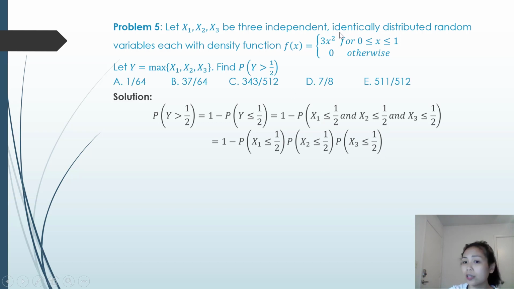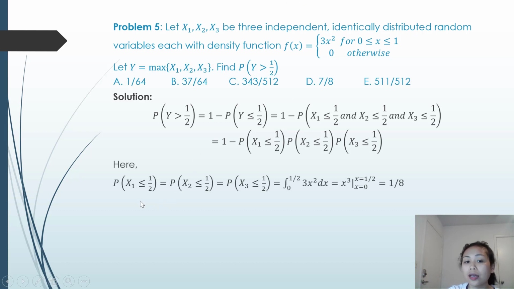And one more thing to pay attention to, x1, x2, x3 are identically distributed. So the probability that x1 is less than or equal to 1/2 is the same as for x2 and for x3. And for each of these, we integrate from 0 to 1/2 of 3x squared dx. So the answer is 1/2 cubed, which is 1/8, for each of these 3.